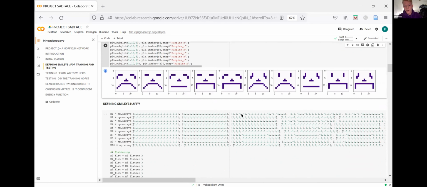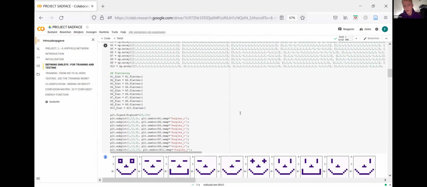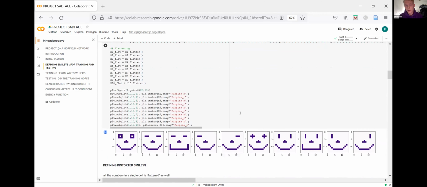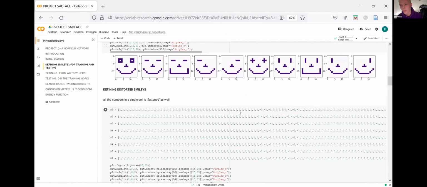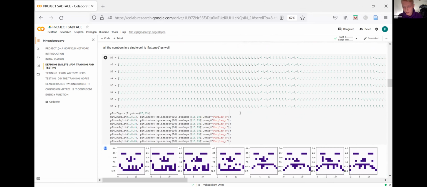Next to that, we defined happy smileys, also 10 rows with the flattening. And last, we created distorted smileys to really test our network. These smileys are ugly, but the first four are supposed to be happy-ish, and the last four are supposed to be sad-ish.